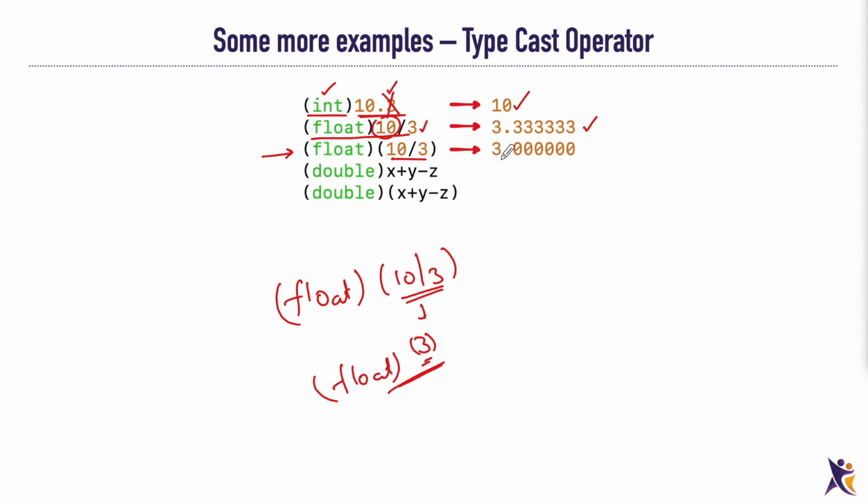So finally this will yield 3.000. In this case, this is an expression, double will be applied to the first operand x, and x will be converted to double, and then this expression is evaluated. But in this case, the expression is evaluated first, that means x plus y plus z is evaluated first, and then whatever value we got here will be converted to double. So these are some of the examples for using typecast operator.